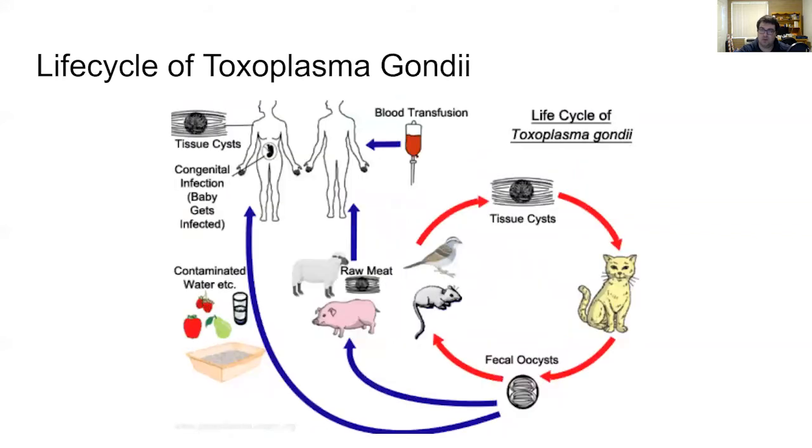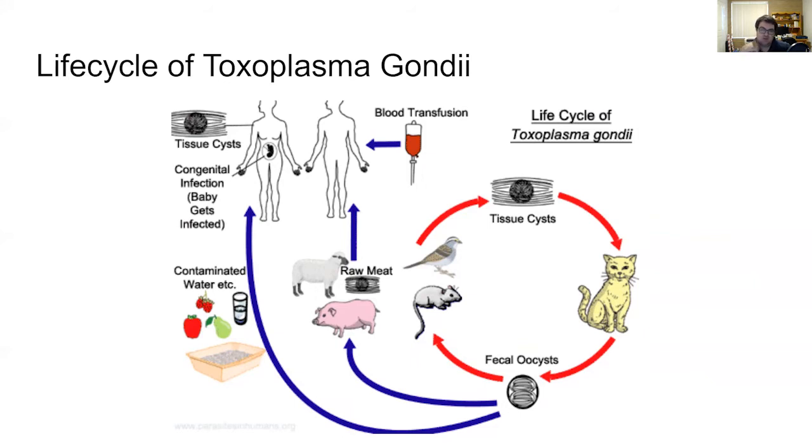This one I actually want to spend a bit of time on, which is Toxoplasma gondii. This is a single-celled organism. And in most cases, if things are going well for this particular parasite, what it actually does is it wants to get into a rat or a mouse.